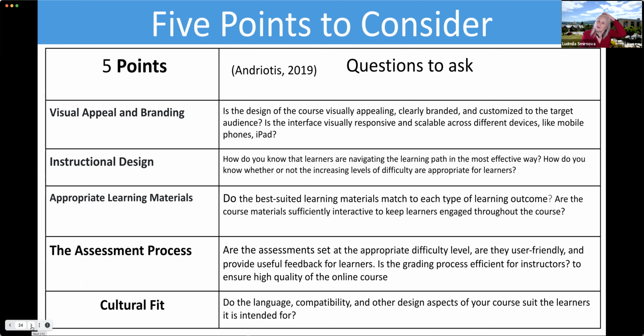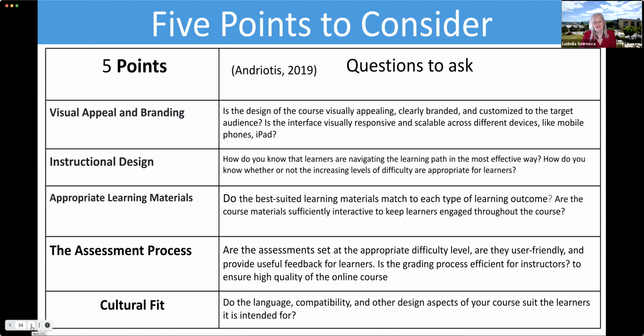This is based on the findings of designers and users of a talent management system called Talent, but it's universal. So what are you looking at? Visual appeal and branding: is the design of the course visually appealing, clearly branded, and customized to the audience you are teaching?